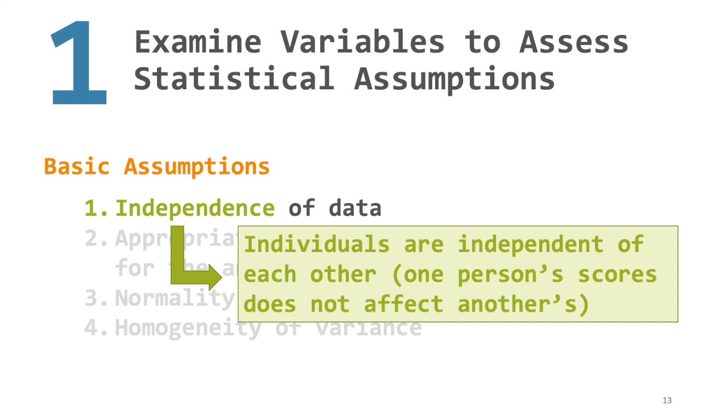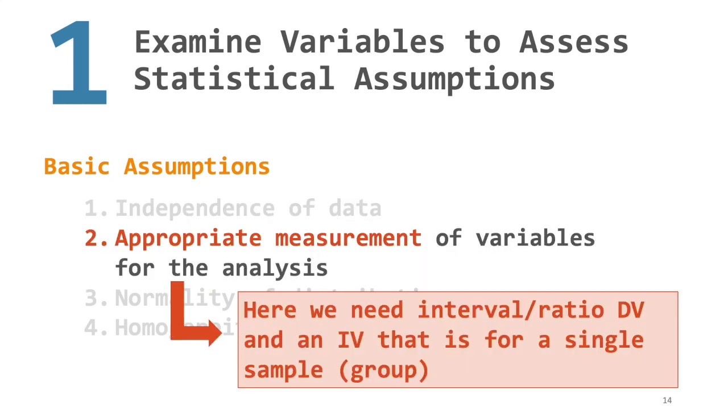In other words, all the people we bring in our sample, they aren't related in some way. They're not family members, they're not married, they're not friends, things like that. The appropriate measurement, in this case we need the interval ratio dependent variable and an IV that's essentially just a single sample, just a single group.